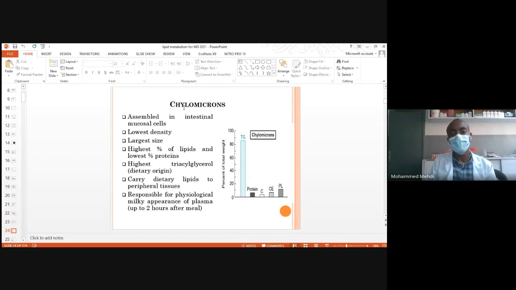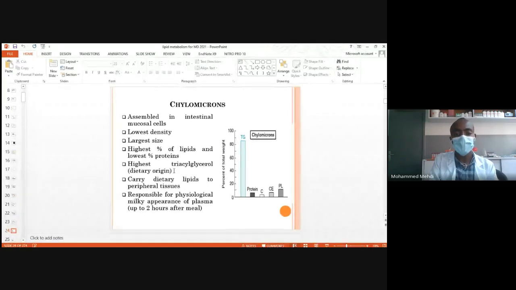So assembled in the intestinal mucosal cell, it is the lowest in density, largest in size, with the highest percentage of lipid and the lowest percentage of protein found in the chylomicron. There is protein in it, but the lipid part is the highest and the protein part is the lowest in percentage.